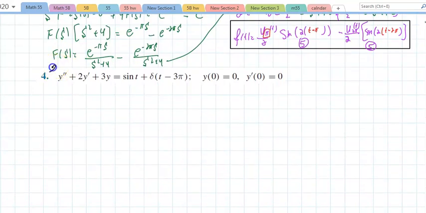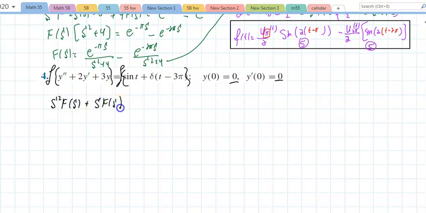We're going to apply the same deal here. We're going to apply the Laplace on both ends, and they're making the initial conditions, for simplicity, 0. So automatically I know I'm going to get s squared times F of s plus s times F of s plus 3 times F of s.